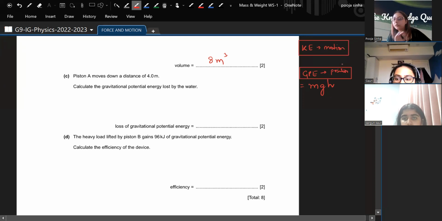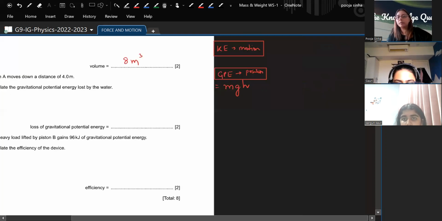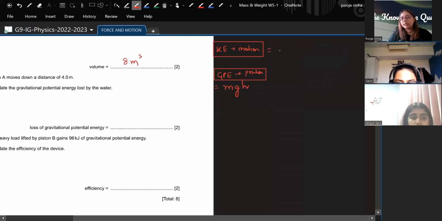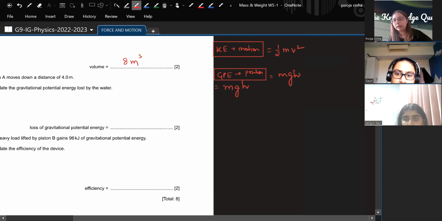So now we have two formulas with this. The first formula is kinetic energy is half mv square. Potential energy is mgh. Okay, these are the two formulas for these. Now, होगा क्या? This mgh will get converted to this, or this will get converted to this. It's going to happen always like this.